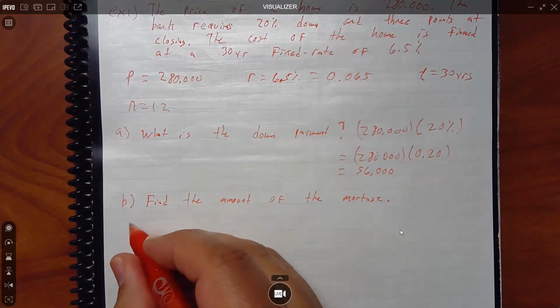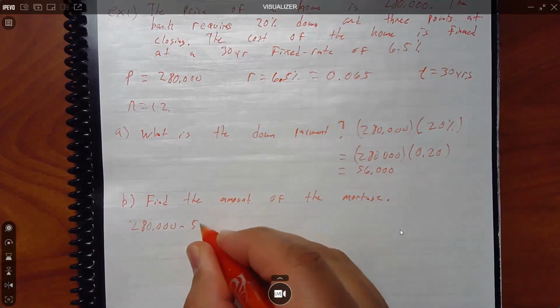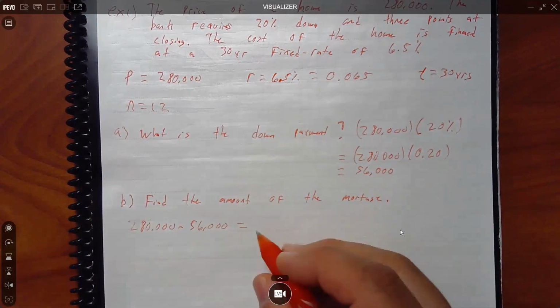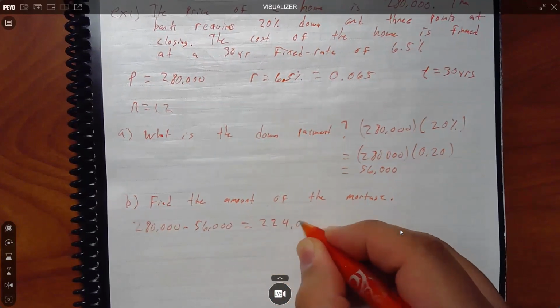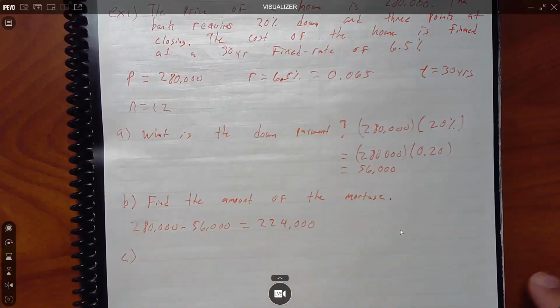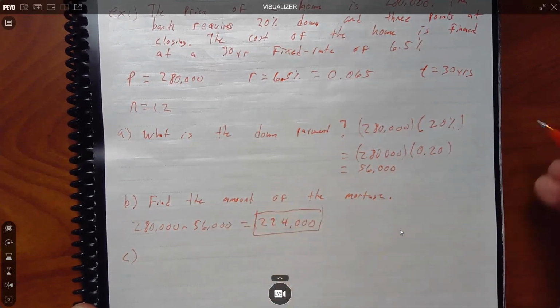So 280 minus 56,000. What's that going to be? It looks like the loan amount will be 224,000. So that's part B. I'm gonna box the answers so I know later.